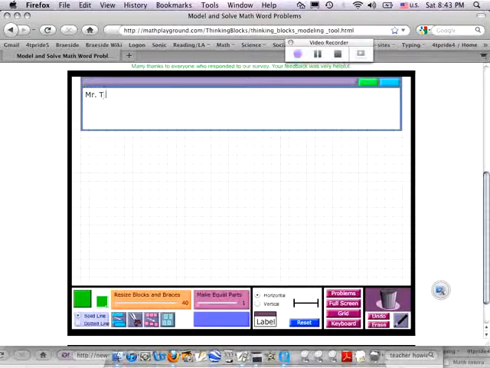Starting with the problem: Mr. T is on a crazy workout plan. He does push-ups every day for 7 days. Every day he does 3 more push-ups than the previous day.